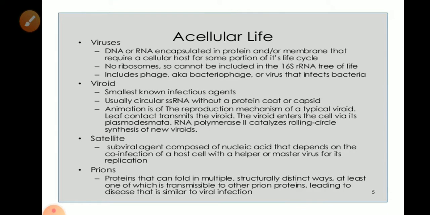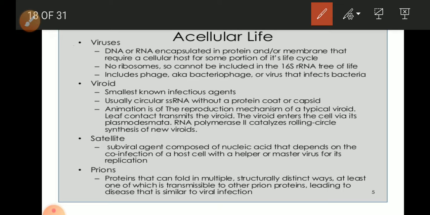What are these? Acellular life: viruses have DNA or RNA encapsulated in a protein core, and we can see no ribosomes, and they cannot be included in the 16S ribosomal RNA classification.